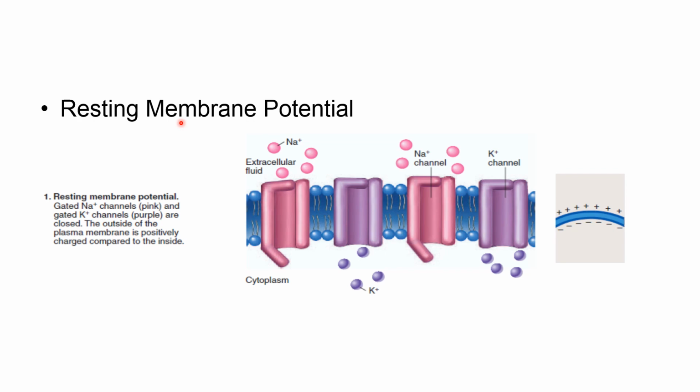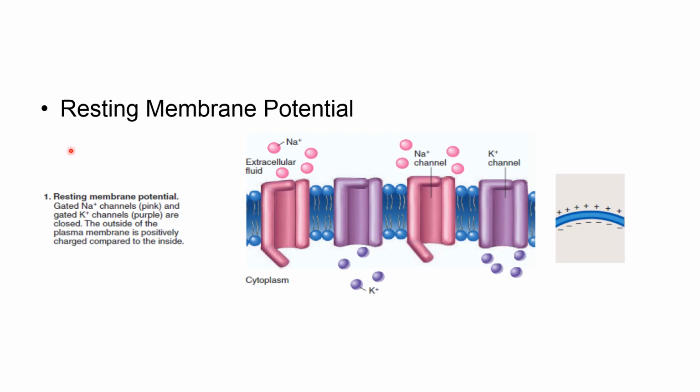Membrane potential is separation of charges along the membrane, and we can define it as a difference in the relative numbers of cations and anions in the intracellular fluid and extracellular fluid. These potential differences are measured in millivolts because they are in minute quantities.